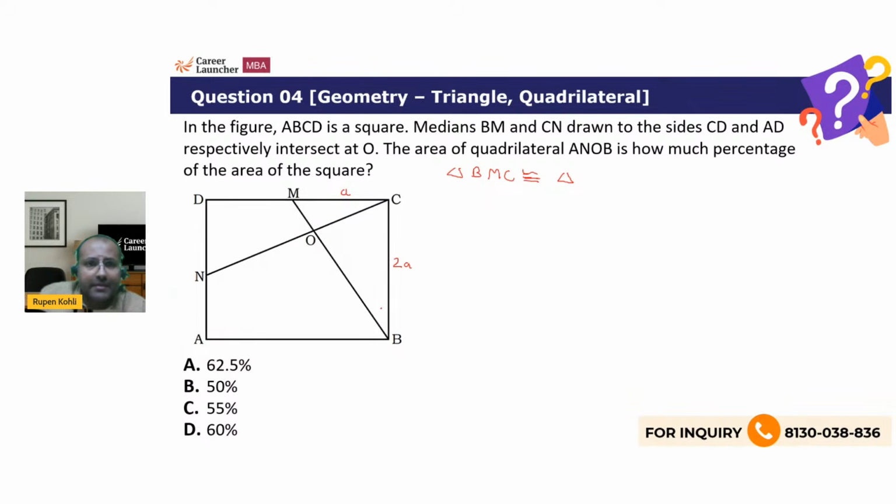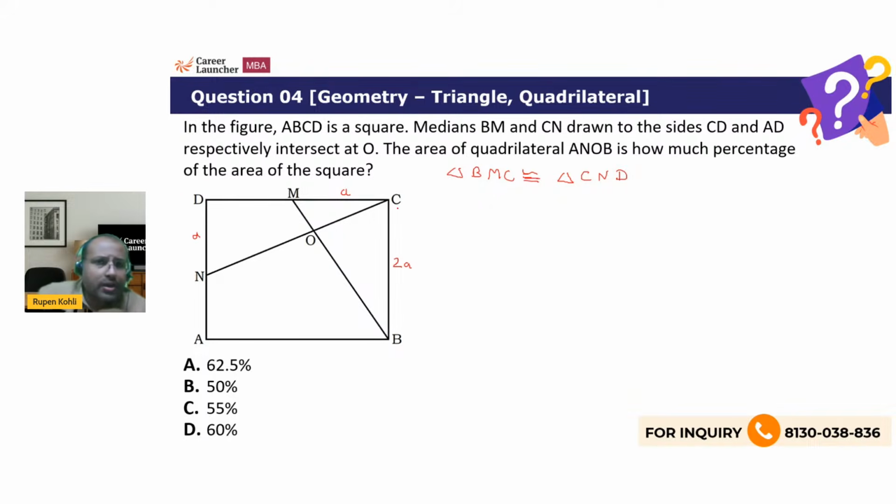BMC is congruent to CND. Everything is identical. They are both right angle triangles, and their sides are A and 2A on the two legs of the right angle triangle. Here for C and D also, ND is A and the whole of CD will be 2A.